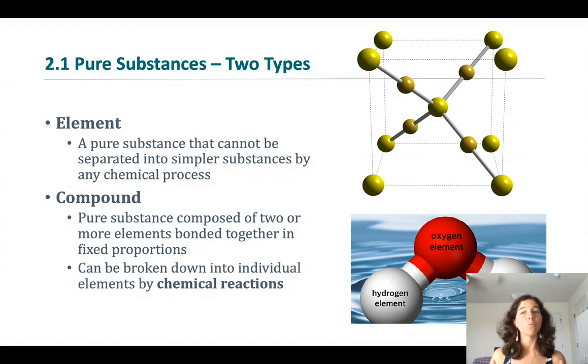So an example of that is water that's shown down below. We've got an oxygen atom connected to 2 hydrogen atoms. These are different elements. All right, and these compounds can be broken down into individual elements by chemical reactions, not physical processes. We're talking chemical changes.